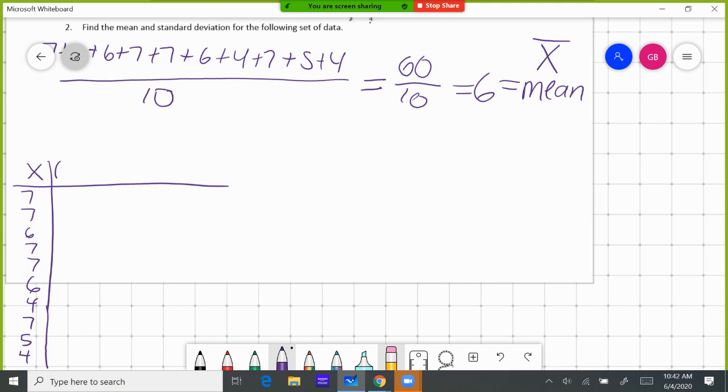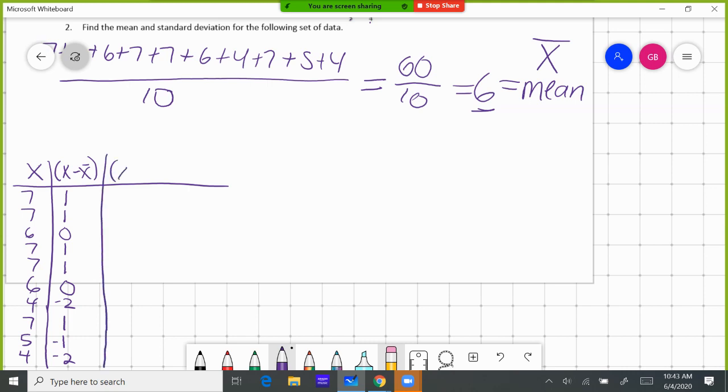First, we're going to subtract the mean from each one of the numbers. The mean is 6. So 7 minus 6, 1. 6 minus 6, 0. Okay, so I subtracted 6 from each one of the numbers.